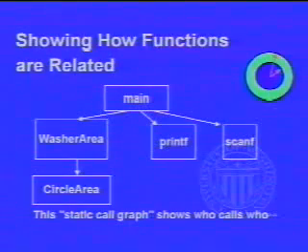If you look at that copy, you'll see that main calls washer area, printf, and scanf. So I've got the arrows drawn to show that. Washer area calls circle area. That's the only function it calls. If you look within circle area, you'll see it doesn't call anything. So that's the bottom of our picture.